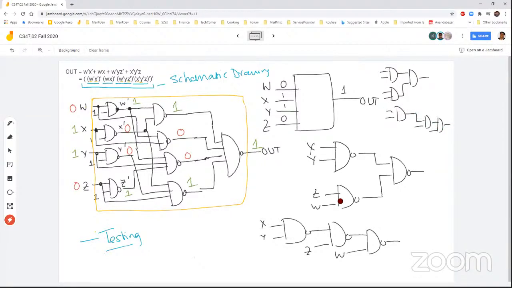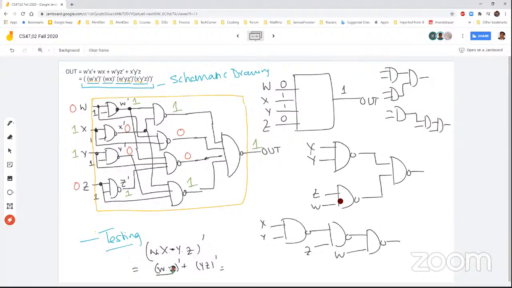Now, 4-input NAND is, let's say, (WX)(YZ) whole bar, is equal to, by De Morgan, WX bar... YZ.